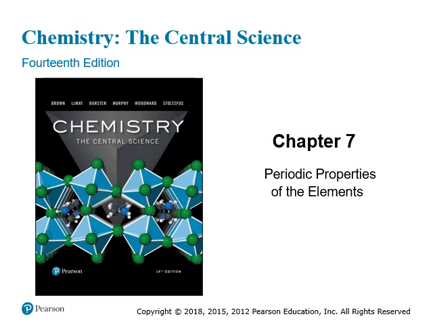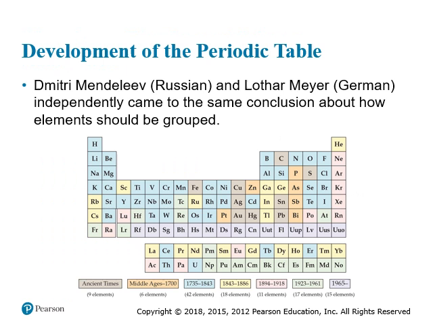First, I guess we need to take a look at the periodic table and get an understanding of how the periodic table is organized. It took the work of many scientists over several years to develop a system for organizing the elements effectively.